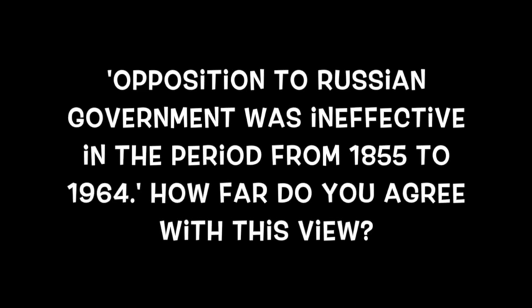So to say that opposition to Russian governments was ineffective is a bit wrong, because opposition had some success and then often became part of the government, which then spawned new opposition to them. So to say that it was all ineffective is perhaps a bit simplistic, which is something I would suggest you could consider in an argument such as this.